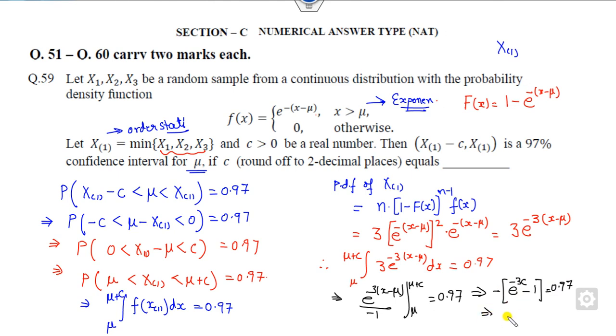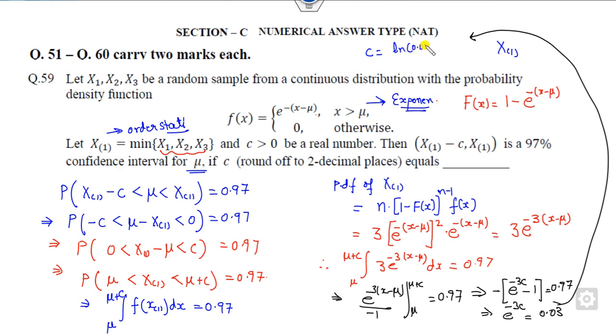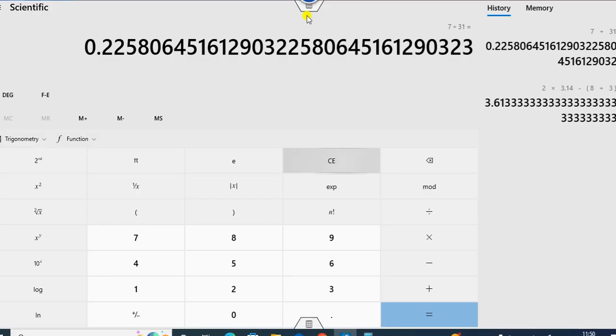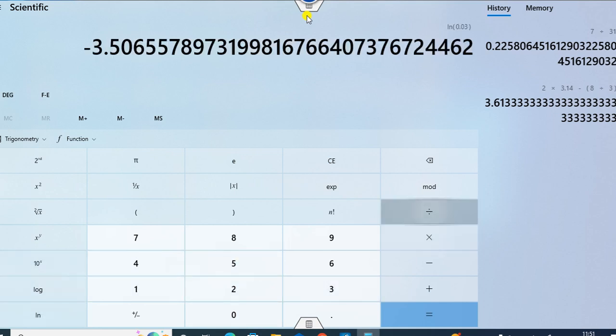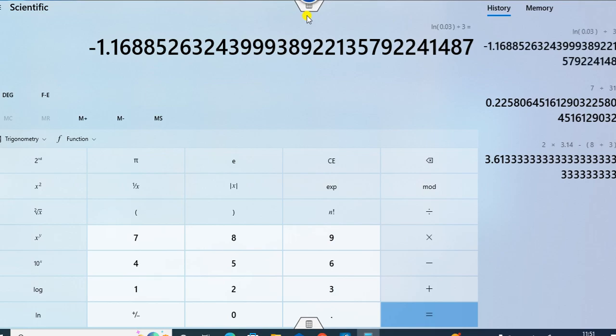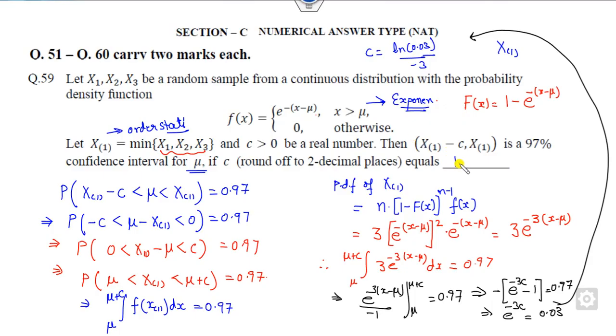So e raised to the power minus 3c is my 0.03. That means c is nothing but ln 0.03 divided by minus 3. So that's the answer. I can compute ln 0.03 divided by 3, and 1.16 is the right answer of this problem. So that's a simple way of doing this problem.